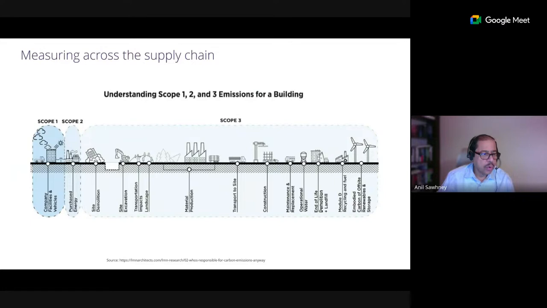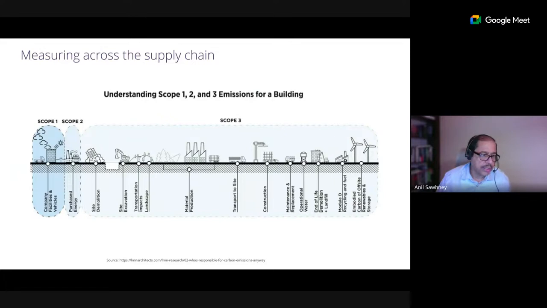Scope 1 emissions are directly associated with an organization and its facilities, its vehicles. Scope 2 emissions are basically purchased energy emissions. Scope 3 is all your supply chain emissions. So most construction emissions are going to be Scope 3 emissions.